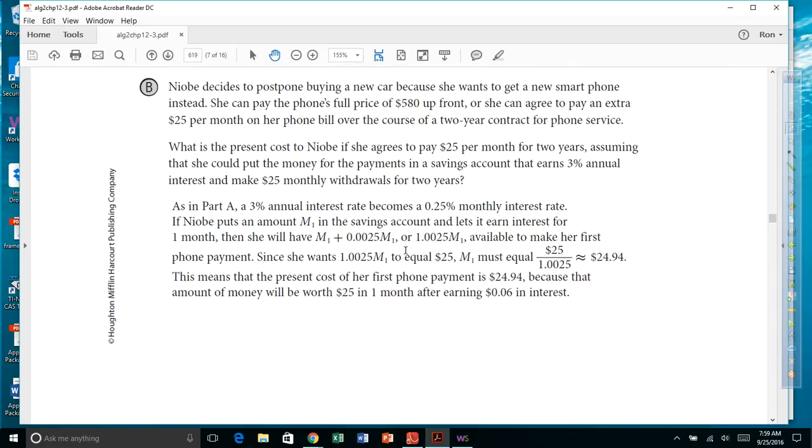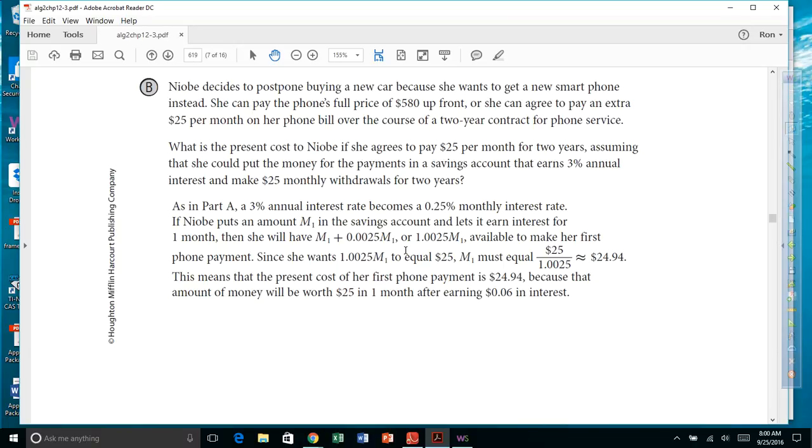All right, glad you're back. Let's do B here together. Niobe decides to postpone purchasing a new car because she wants to get a new smartphone instead. Priorities. She can pay the phone's full price of $580 up front, or she can agree to pay an extra $25 per month on her phone bill over the course of a 2-year contract for phone service.